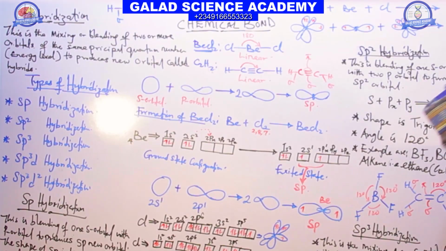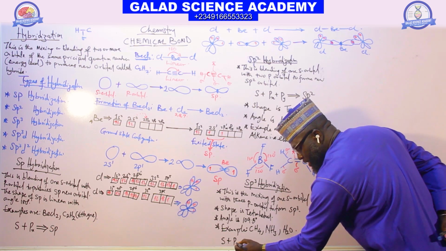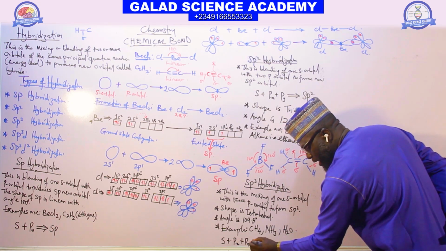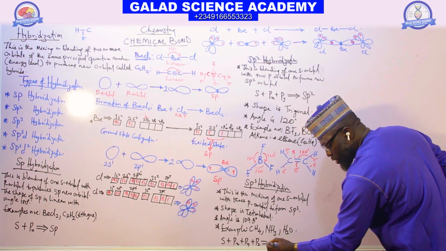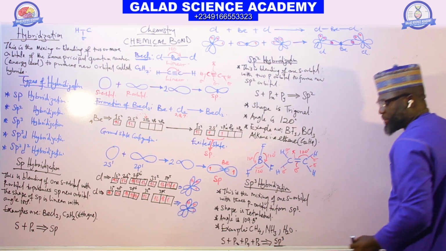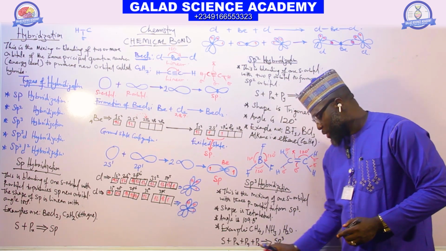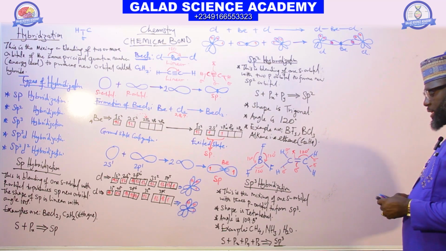Look at it now: s orbital plus px plus py plus pz gives you sp3 hybridization. So one s orbital blends with three p orbitals to give sp3. That's it.